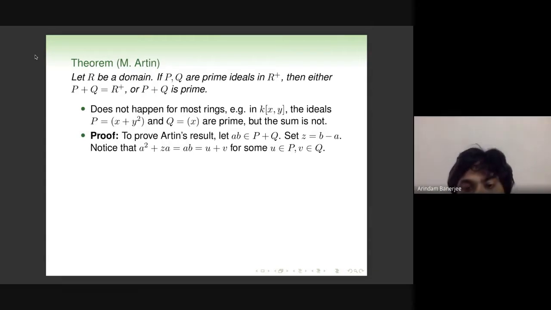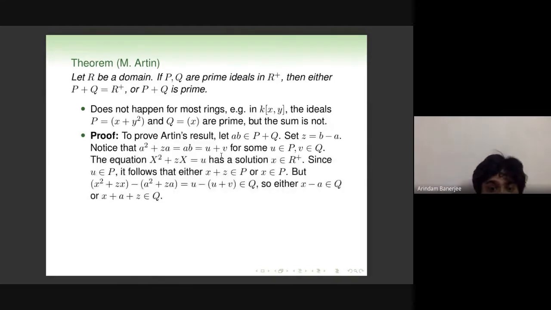To prove this result, let's take AB in P plus Q, set Z equal to B minus A, and notice that this holds. Since AB is in P plus Q, it's a sum U plus V, and if you compare with the equation of Z, you get this equation. The equation x squared plus zx plus u has a solution x in R plus, of course, because this is the integral closure inside the algebraic closure.